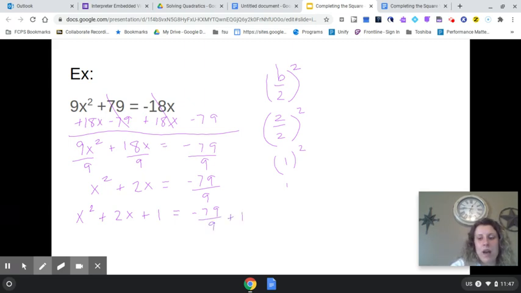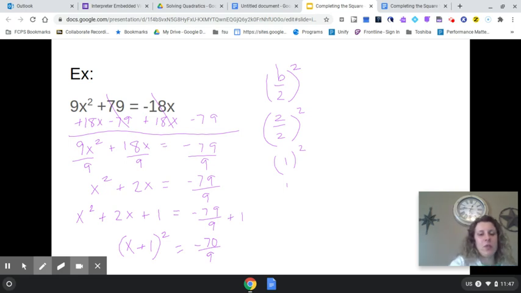Factored form of that would be x plus b over 2, which was 1, quantity squared. And here again, we need a common denominator. That's 9 ninths. So we would get negative 70 over 9.